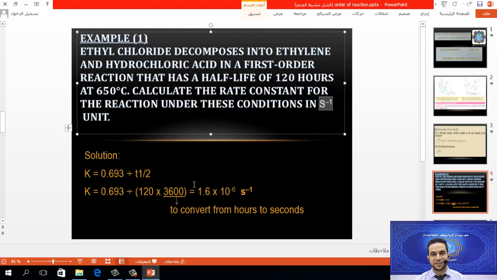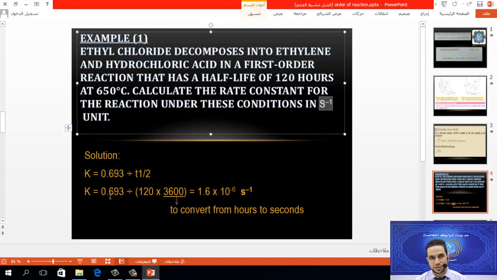So now, how to convert? Remember, to convert from minutes to seconds, times 60. To convert from hours to seconds, times 60 times 60. So you can directly times 3600.